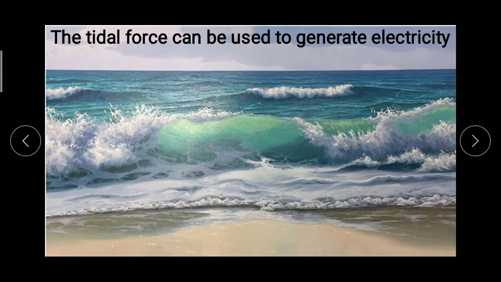These are the very basic things about the effects of tides. The tidal force can be used to generate electricity. Very important one. You can generate electricity by using the tidal force.